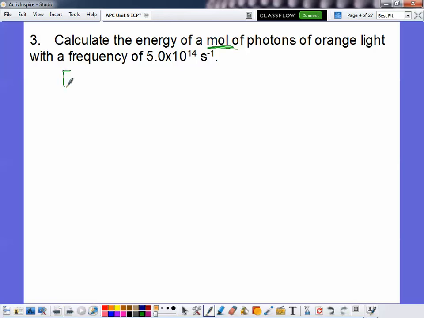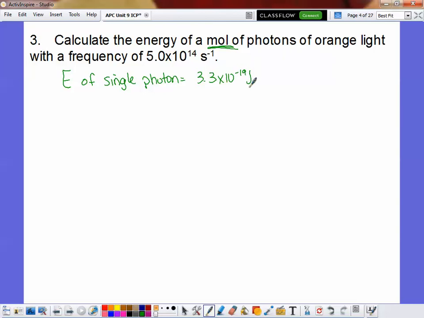So we just calculated the energy of a single photon was 3.3 times 10 to the -19 joules, right? So in order to find it for a mole of photons, what are we going to do? Use Avogadro's number, which you should already have memorized, but in case you forget it, it is on your formula sheet. Okay? So, technically, let's write this like this. 3.3 times 10 to the -19 joules per photon.